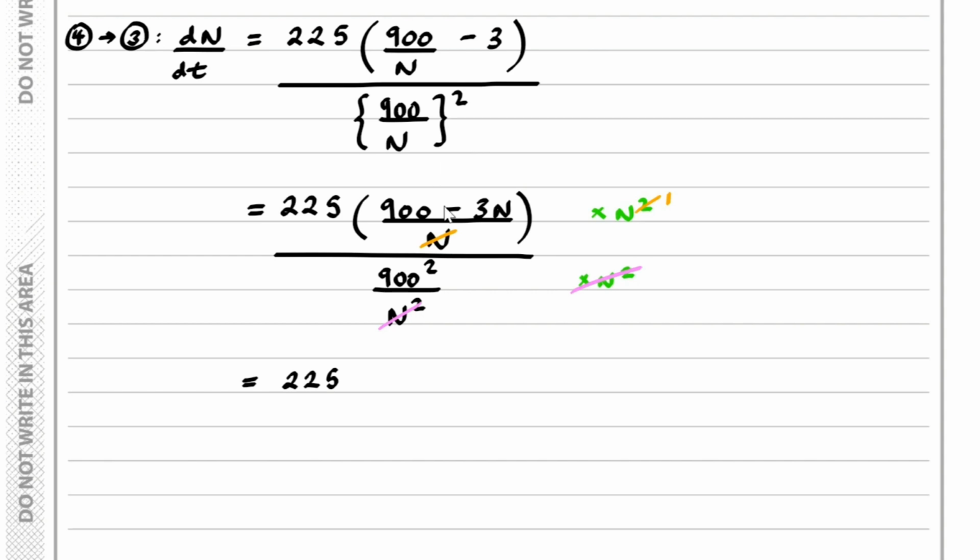So we have 225 times by n multiplied by 900 minus 3n divided by 900 squared.